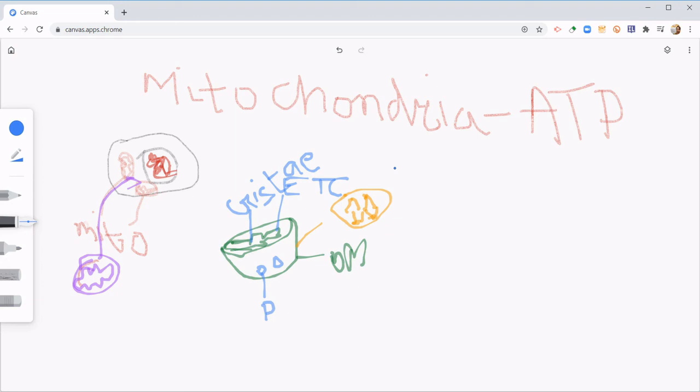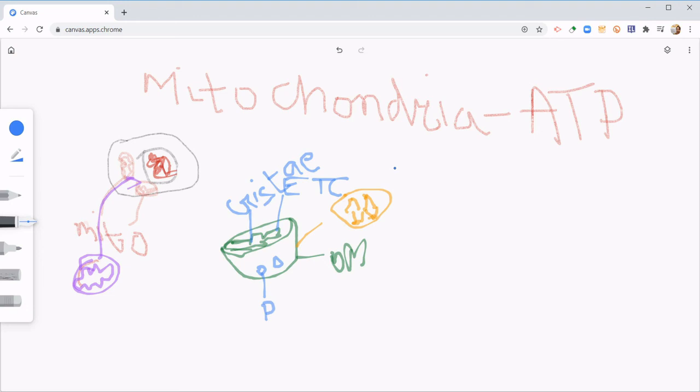But we have to remember that in this cristae there are some structures. Let me change the color again. What should I choose? Maybe this one. Okay, there are some structures in this cristae which are the ATP producing enzymes, which we often call ATP synthase.